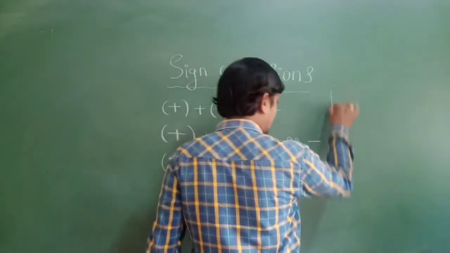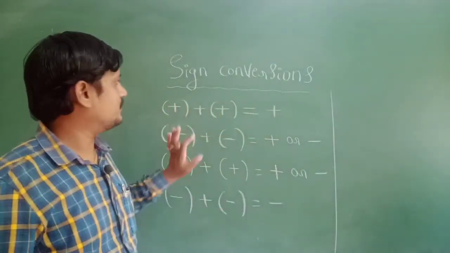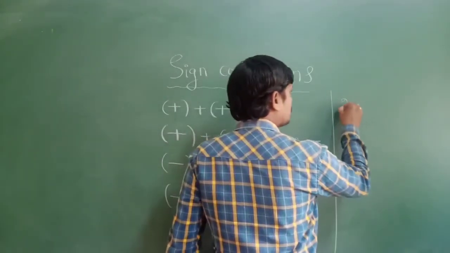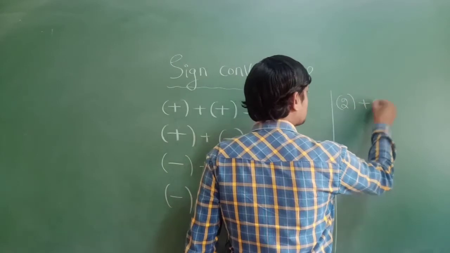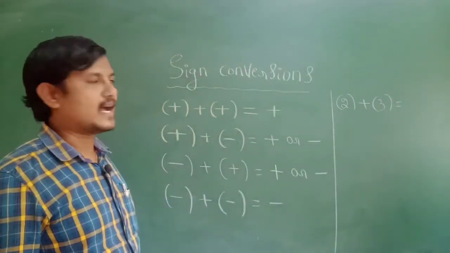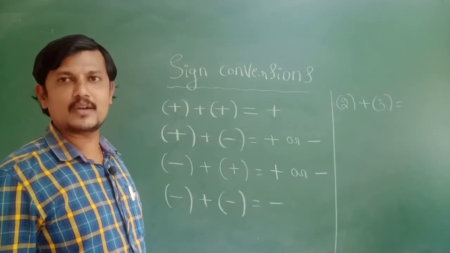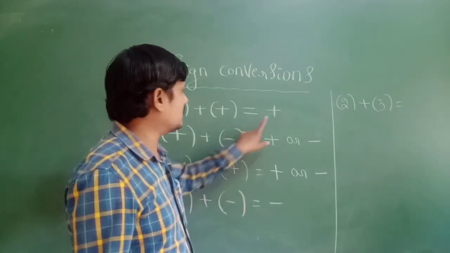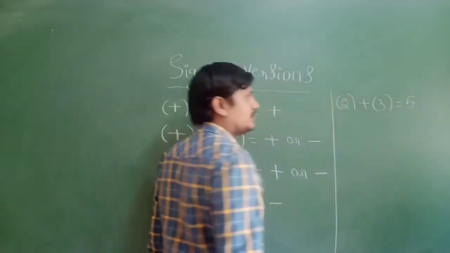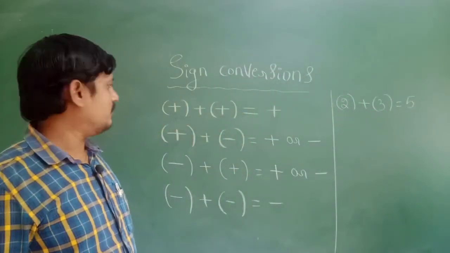Consider first, if both numbers are positive, 2 plus 3. What is the answer? 5. Plus 5 or minus 5? Plus 5 only, right? Because here both are positive, therefore answer here 5.